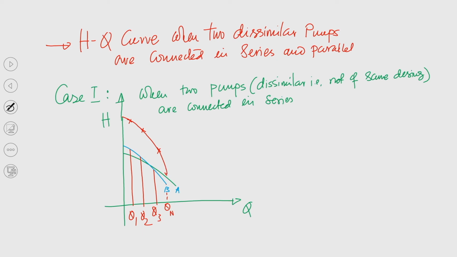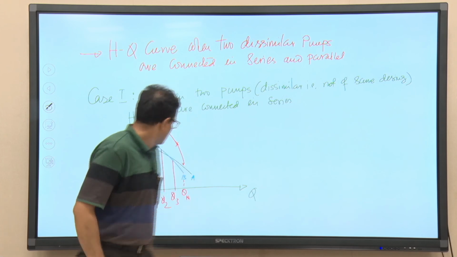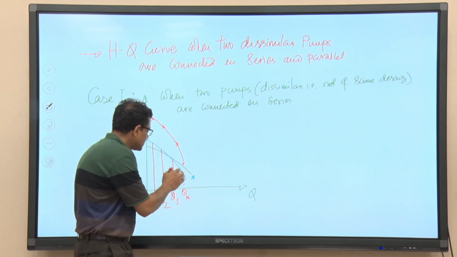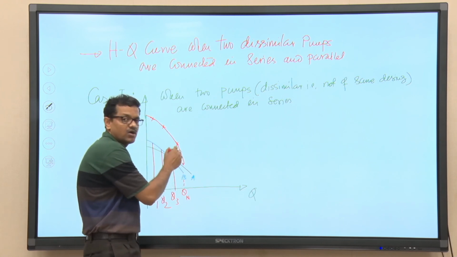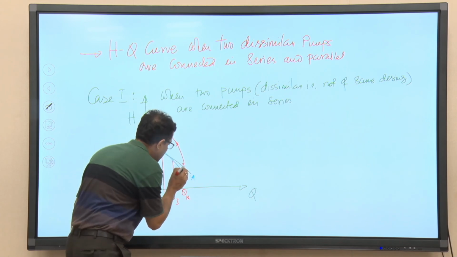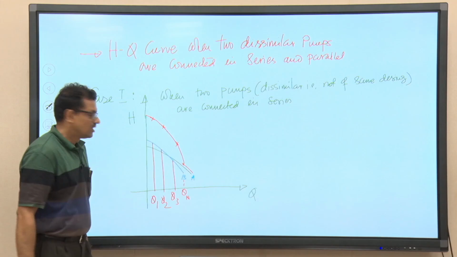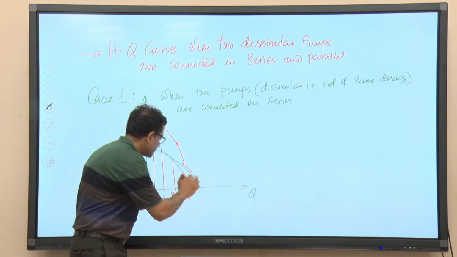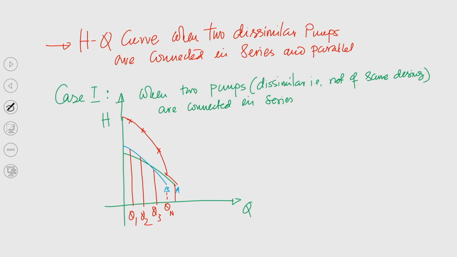Now, what will happen after the point Q n, because this is the last point? We have taken only 4 different points; if you take more points, the curve will be smooth. After this point, there is no flow rate discharged by pump B, so the combined H-Q characteristic curve will follow the same line as pump A. If we need a flow rate beyond this point, the head developed will be that of pump A, because the contribution of pump B will not be there after this particular point.